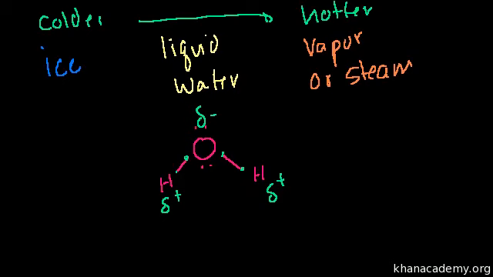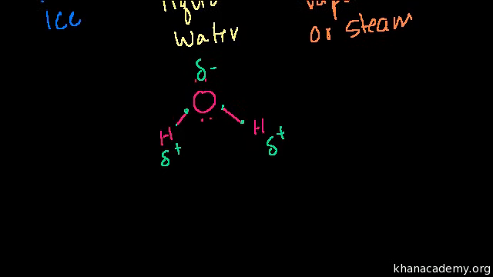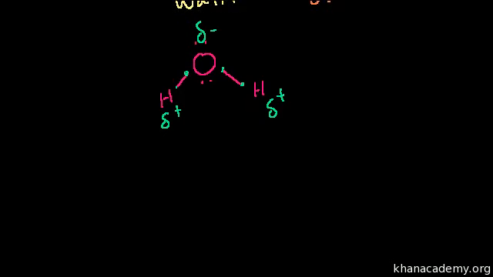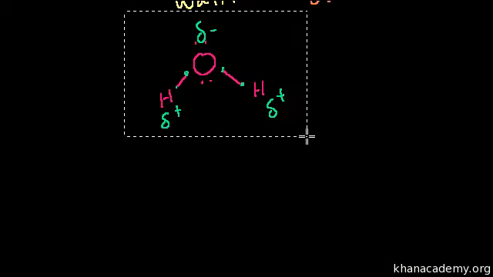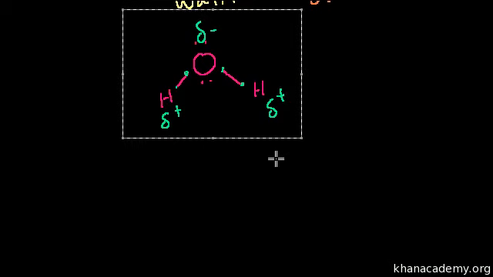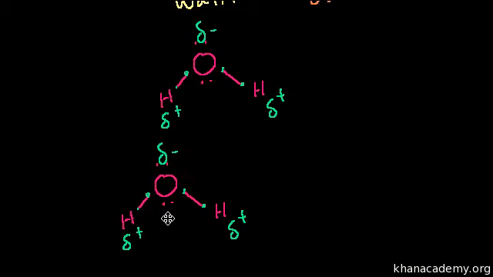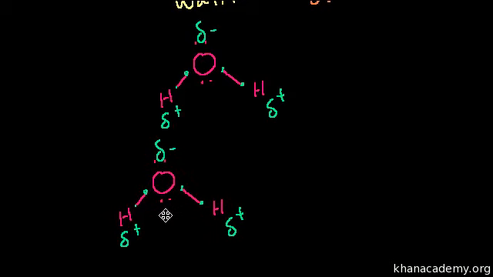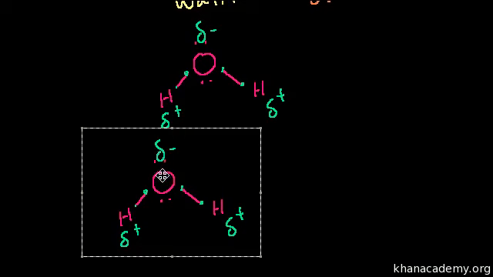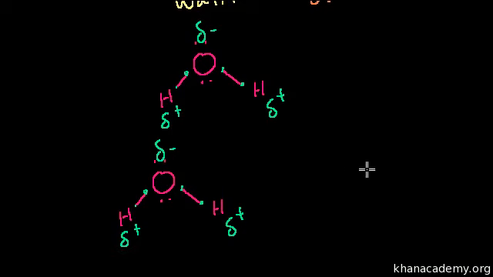When we talk about the state of matter, we actually think about how the molecules are interacting with each other, not just how the atoms are interacting within a molecule. So let's say that I just drew one oxygen. Let me copy and paste that. Control, paste. But I could do multiple oxygens. And let's say that that hydrogen is going to want to be near this oxygen because this has a partial negative charge, and this has a partial positive charge.